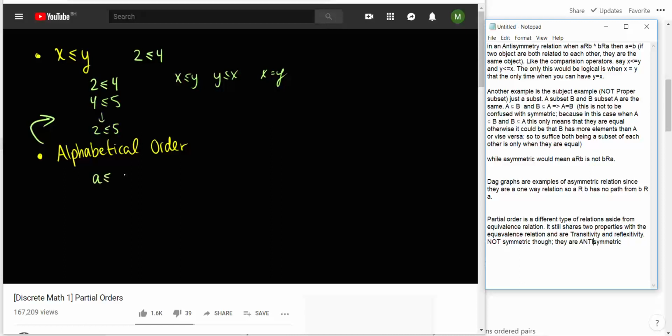So we know that A is going to be less than or equal to A if we order it like A, B, C, and we call that an ordered pair, and that's the whole alphabet, down to Z. Then we know that if A is before B and B is before C, then we know A is before C. And if some letter X is before the letter Y, or at its position, and Y is before or at position X, then that means that X must be the same thing as Y. So it's a little bit more abstract there, but we can write this using our notation as A is in a poset with respect to B, C, and so on and so forth. So we can show partial orders like this.